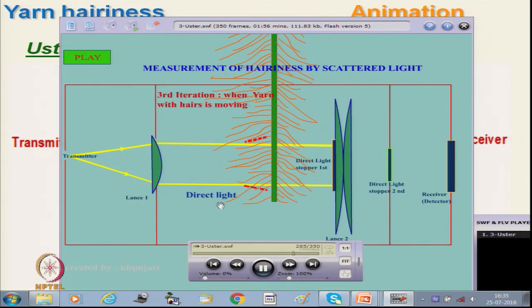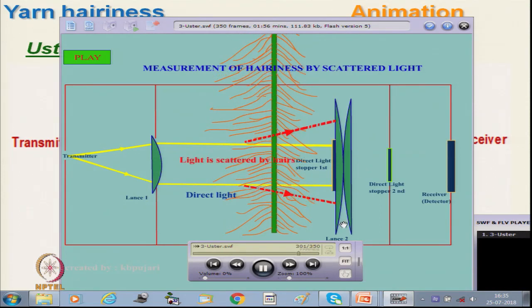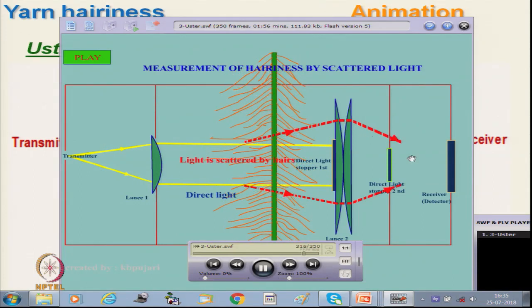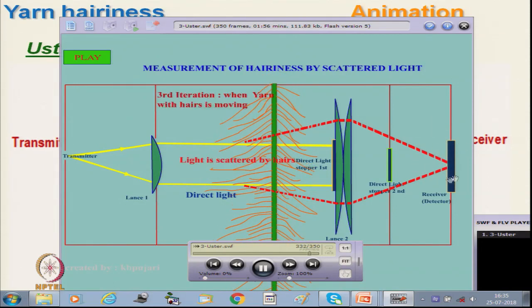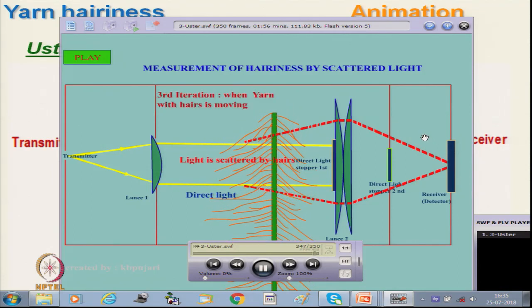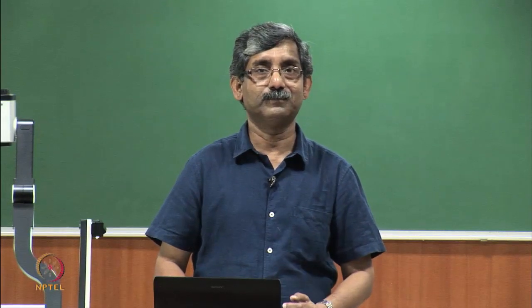This scattered light will fall on this optical lens system, lens 2, and then again it will be converged and fall on the receiver. Now, the intensity of light, I3, is proportional to the length of the hair. We are not actually measuring the length, but we are getting an idea, which is proportional to that intensity, which is proportional to the length of the hair.